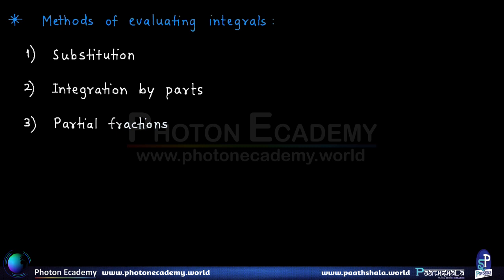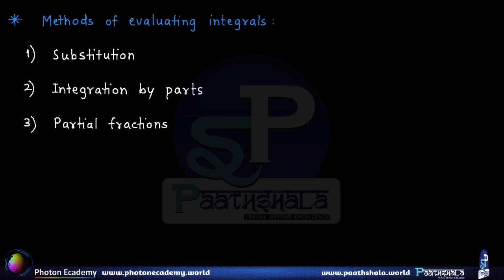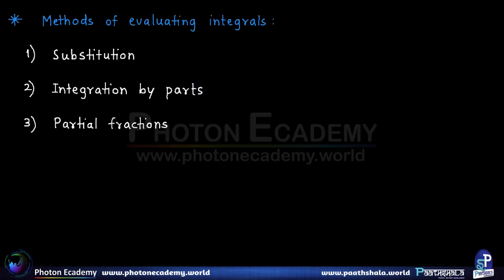Second method is called integration by parts, which we use to evaluate the integral of a product of two different functions. And lastly we have the integration using what is called partial fractions, which involves the rational algebraic functions of specific nature. So let us go into these details one by one.